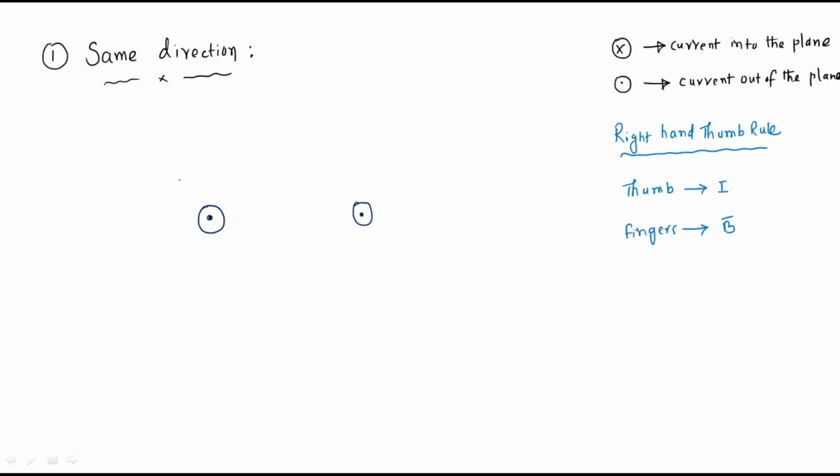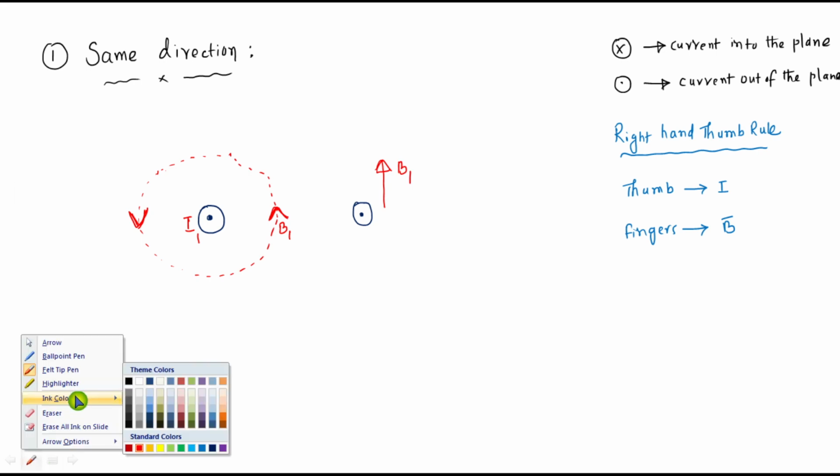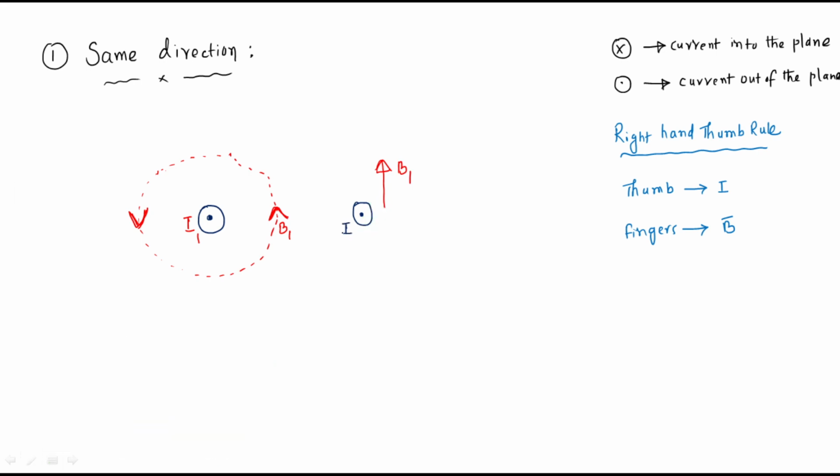So obviously the fingers represent the direction of magnetic flux density. This is current, this is B. Let us say this is I1, and B1. So obviously the direction of B1 is like this. This is I2.